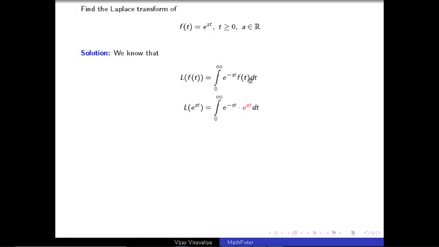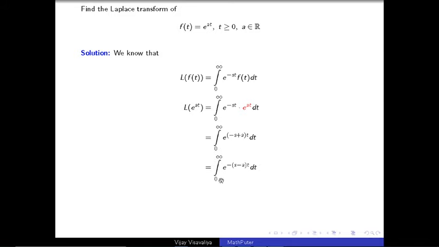E raised to minus st into the function f of t, which will be e raised to at now. See, the bases of these two quantities are exponential and they are the same, so we just add the exponents: minus st plus at. We took t common here, so it is minus s plus a into t.